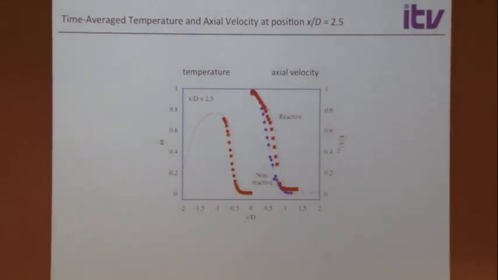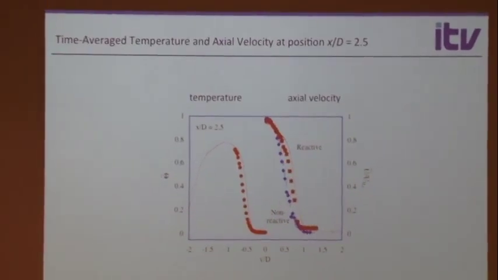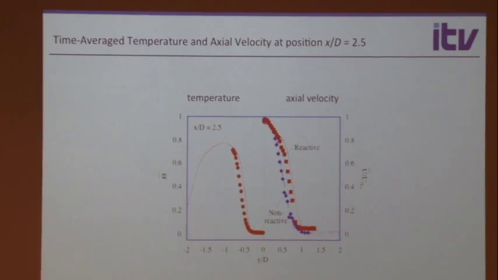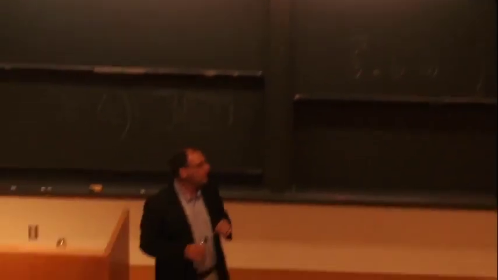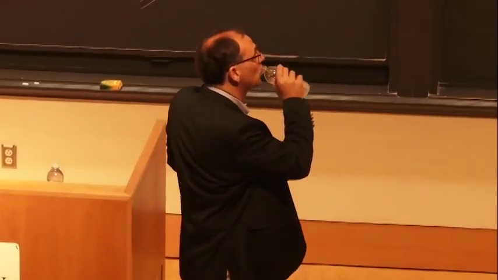This is the comparison with experiments where you see, close to the nozzle, the temperature on the left side and the velocity on the right, where the blue lines and symbols are the non-reactive, and the red is the reactive.